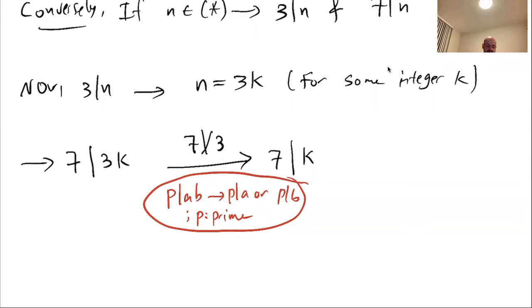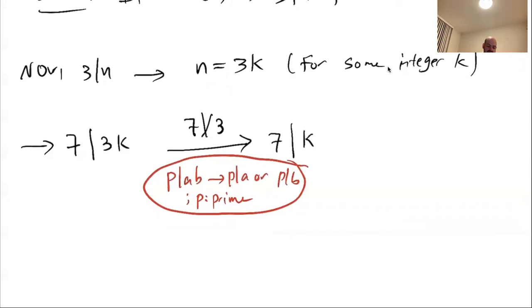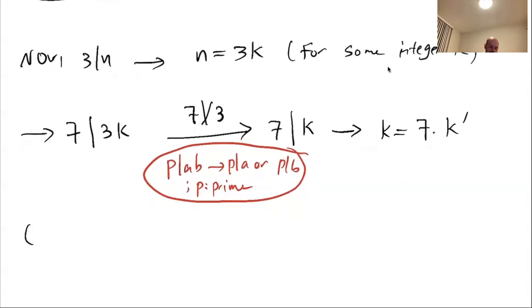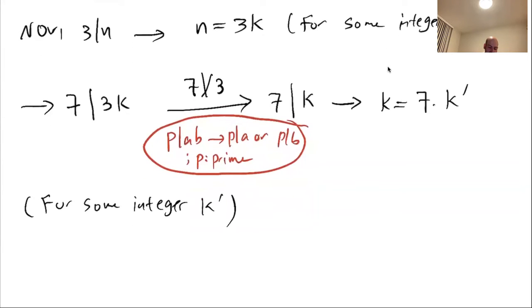So 7 divides k, and therefore we can write k in the form of 7 times k prime, for some integer k prime. So plug back, what do we get? Then we get n.